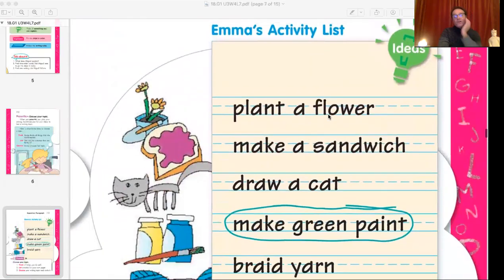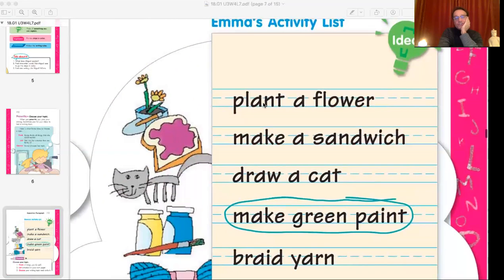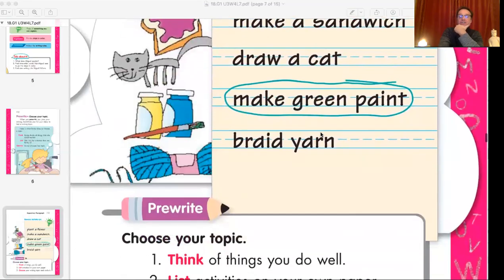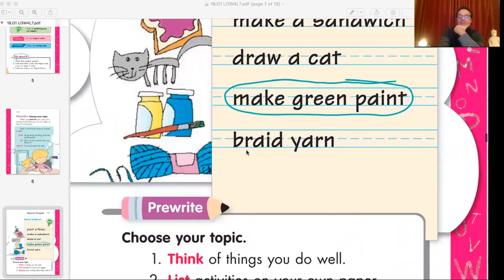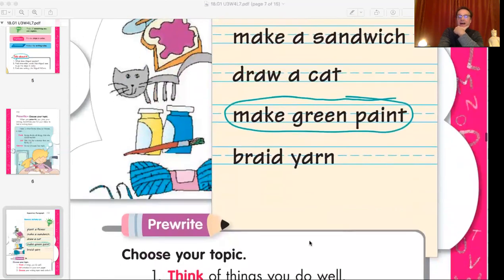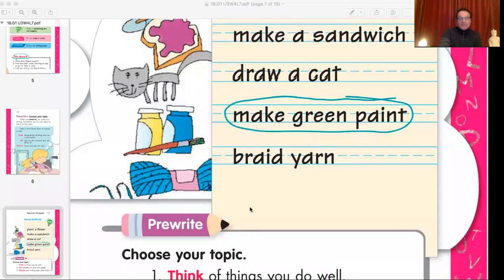Oh, so these are all things that Emma knows how to do. She knows how to plant a flower. She knows how to make a sandwich. She knows how to draw a cat. She knows how to make green paint. She knows how to braid yarn. And then she stops and she thinks and she says, I know, I'm going to choose this one. I'm going to choose make green paint because she really wants to write about that, apparently.